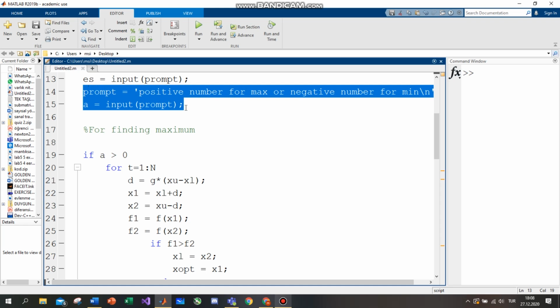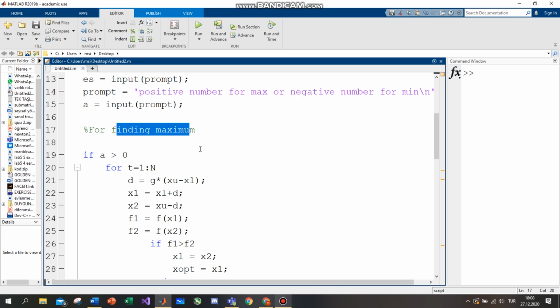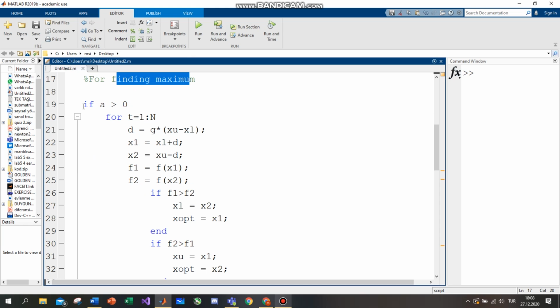This one is a number to decide whether we are finding the maximum or minimum. For finding the maximum, if a is bigger than 0, it initializes the maximum algorithm.